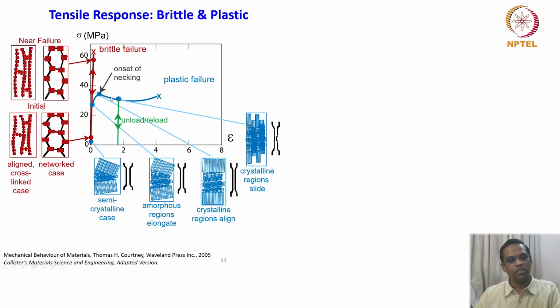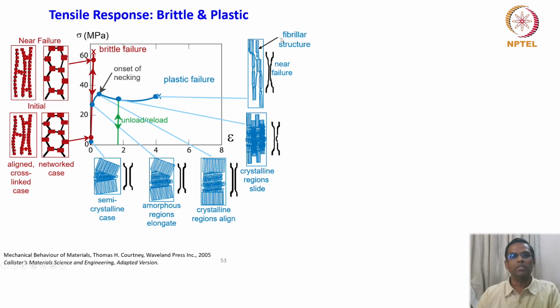So the load drop is because of that. And then finally it hardens. Why does it harden? Because it is trying to stretch completely. It becomes a fibrillar structure. It is no longer a crystalline and amorphous combination. It becomes a single line, almost fibrillar structure. They are all getting stretched.